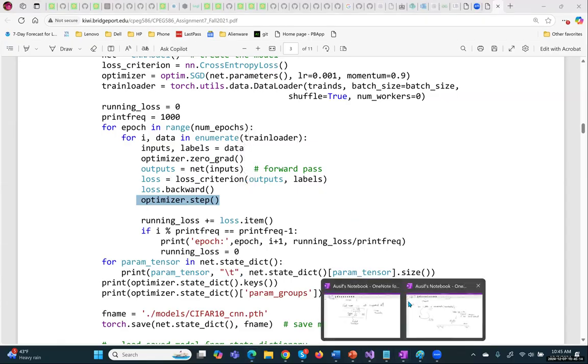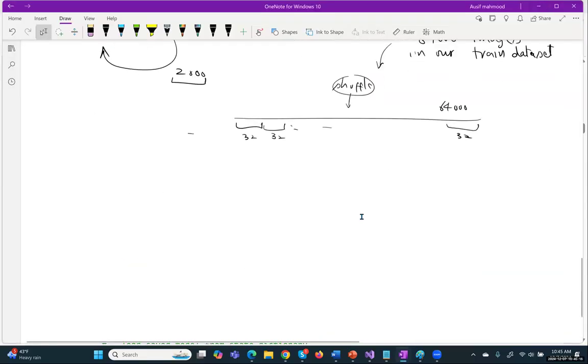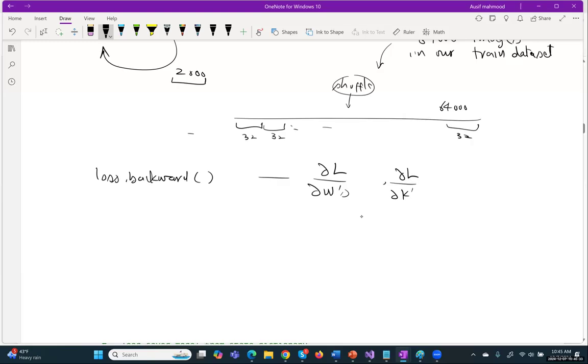So loss.backward. Once you create a loss function, and if you say loss.backward, okay, so this will compute partial L over partial W's, partial L over partial K's, the convolution kernels, partial L over partial B's. So all the derivatives are computed automatically by this one line of code.